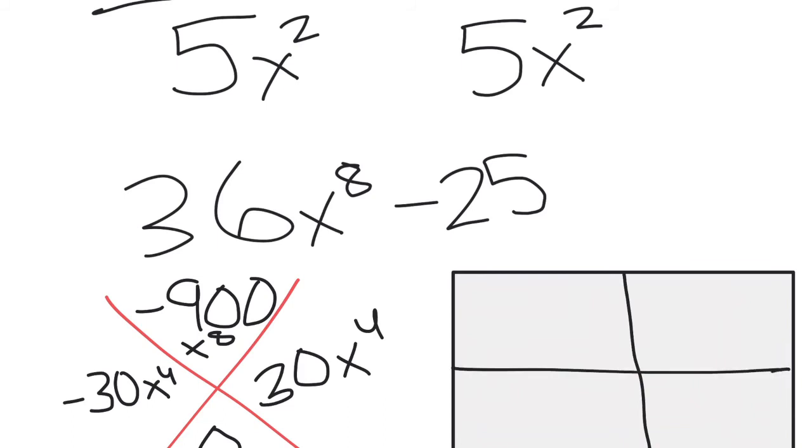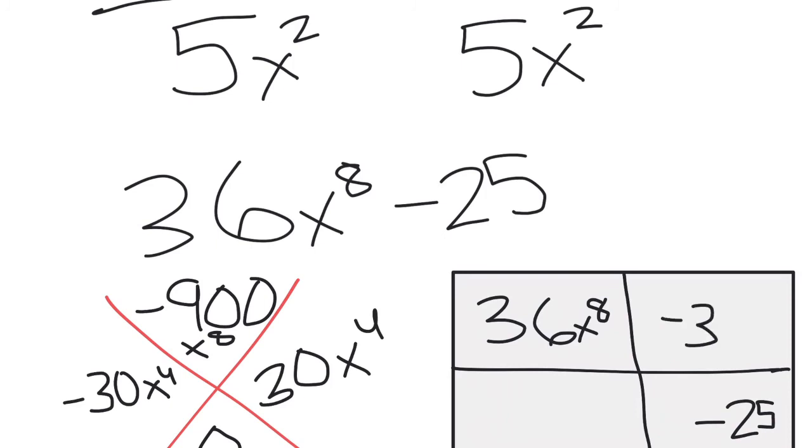This time we put the 36x to the 8th in the top left, and then negative 25 in the bottom right. And we are going to put our numbers over there in the corners.